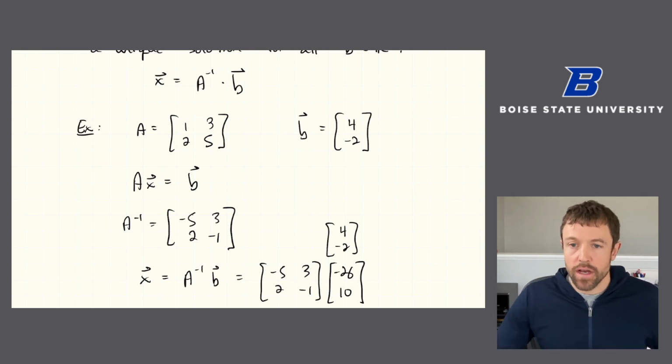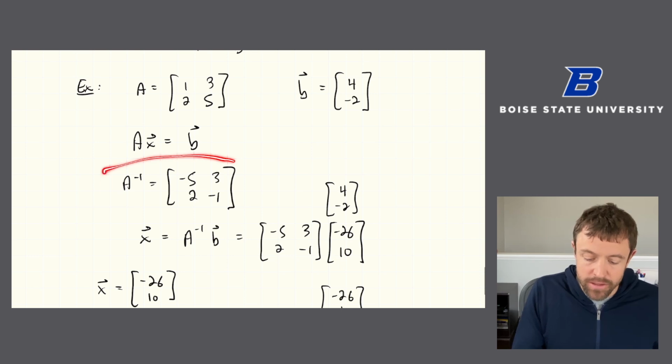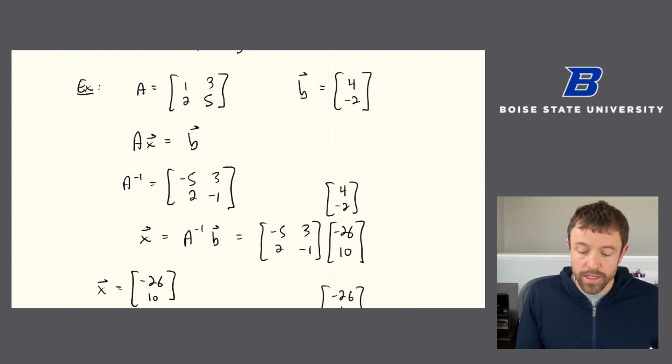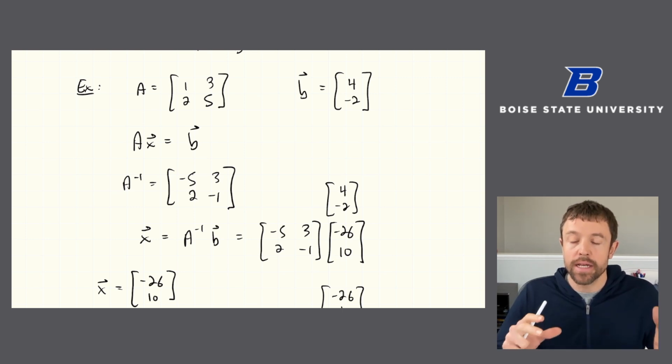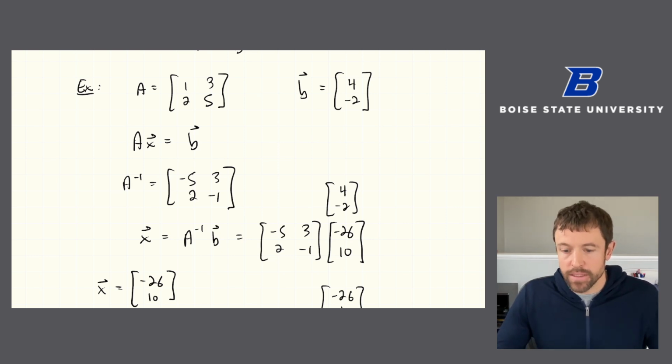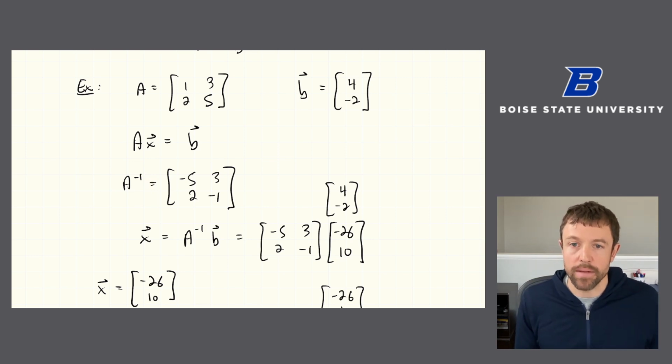We can solve this a lot quicker if we have an invertible matrix, because we're just multiplying by the same matrix every time. In particular, if we want to solve AX equals B for the same matrix A but for a lot of different values of B. You can also hopefully envision that this would be really useful when working with computers, because if I want to tell a computer how to solve a system, and I have a nice process for finding an inverse of a matrix, I can solve the system that way.